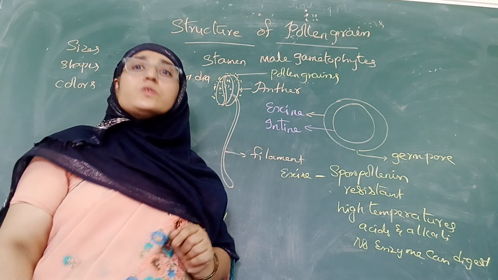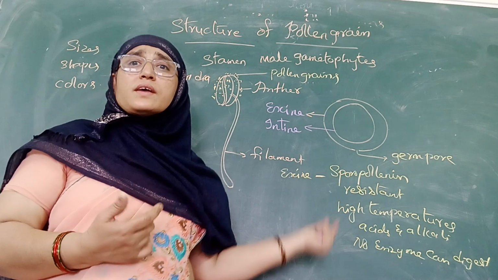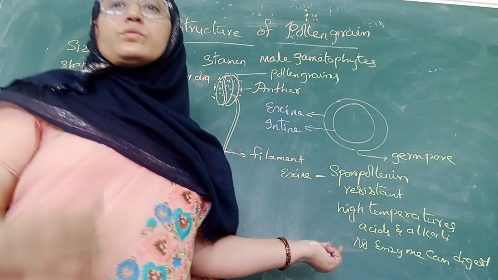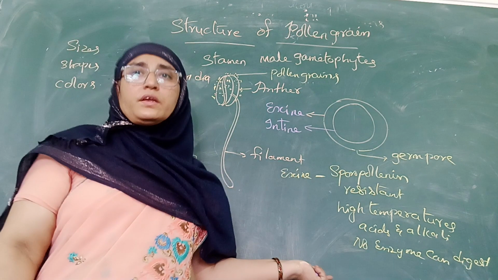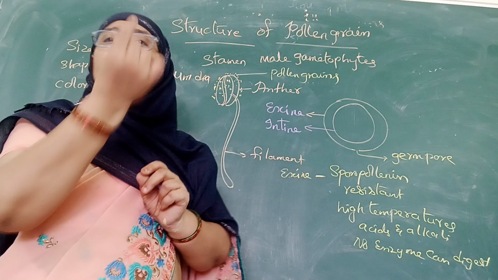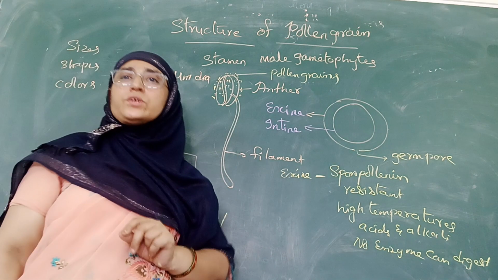It is to allow the pollen tube to come out. As sporopollenin is highly stable, it can't be digested even by any of the enzymes, so it has left a gap to allow the pollen tube to come out of the pollen grain during germination.